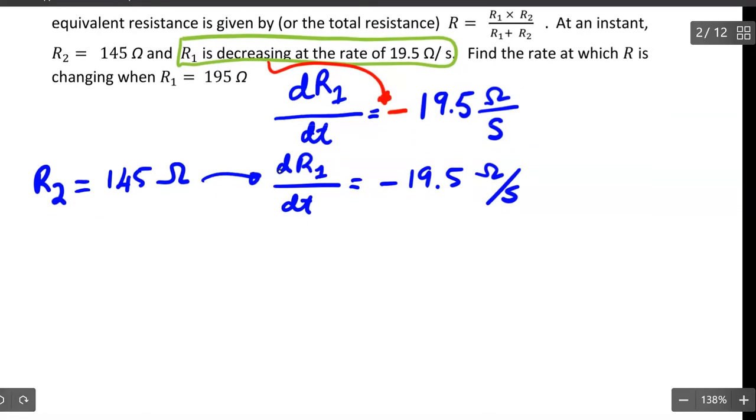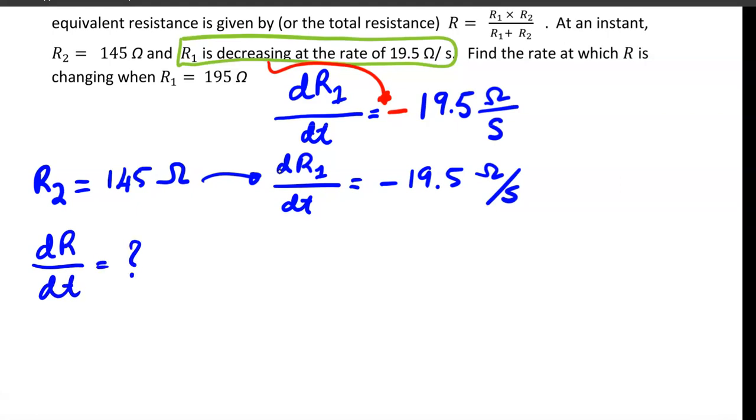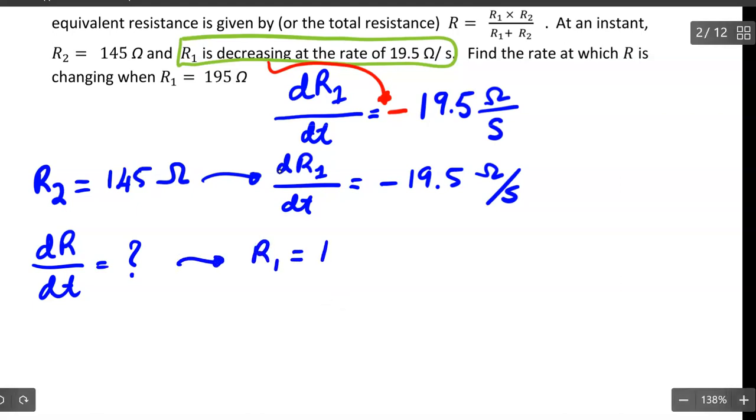Okay, I have to find the rate at which R is changing. So that means I am looking for the derivative of R with respect to t, the rate of change of the total resistance when my R1 equal to 195 ohms.